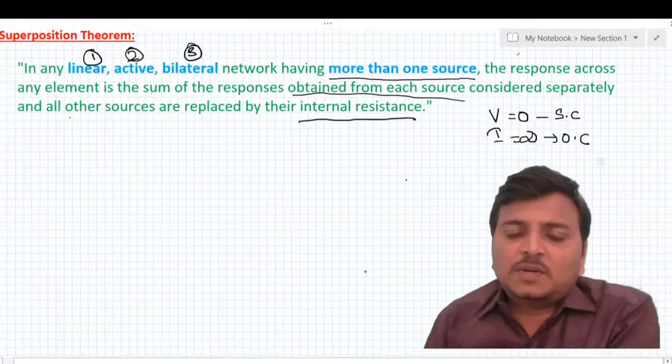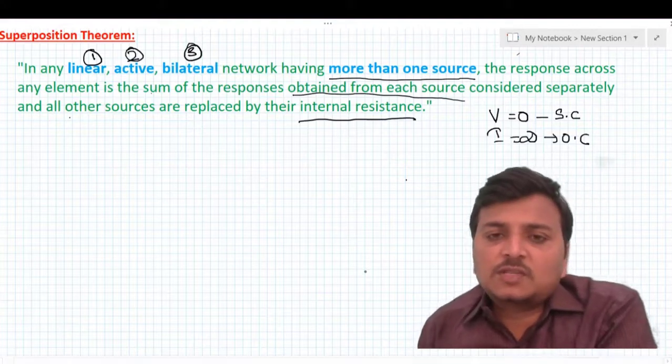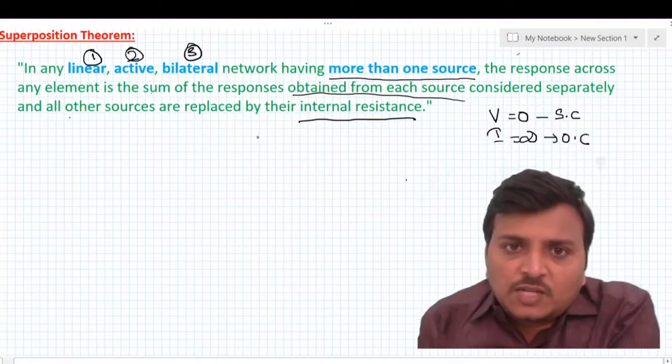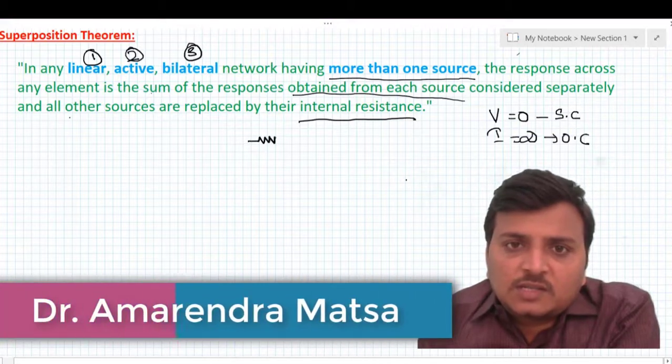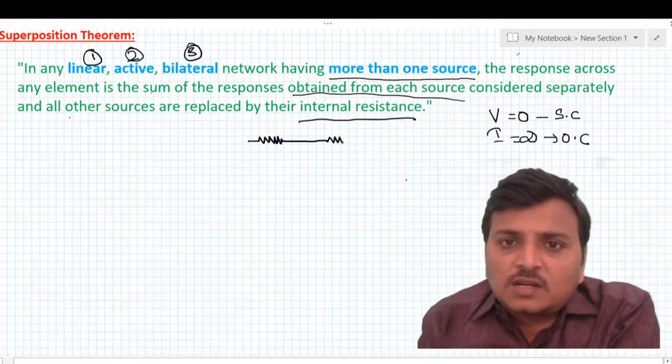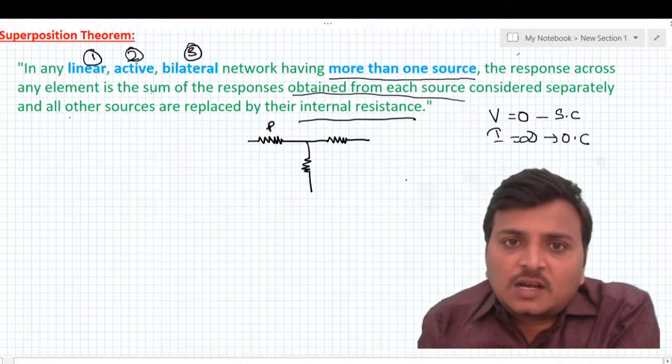Let us consider a simple circuit to understand the concept of the superposition theorem. Suppose you draw a circuit with three resistors connected like this: this is resistor R1, this is resistor R3, and this is resistor R2.